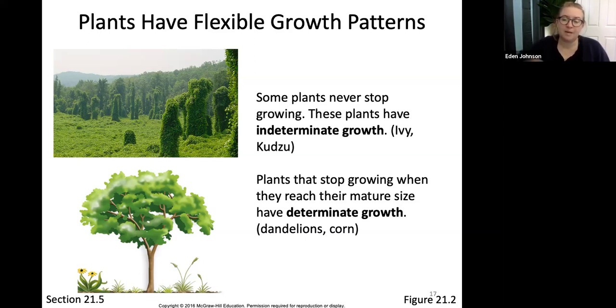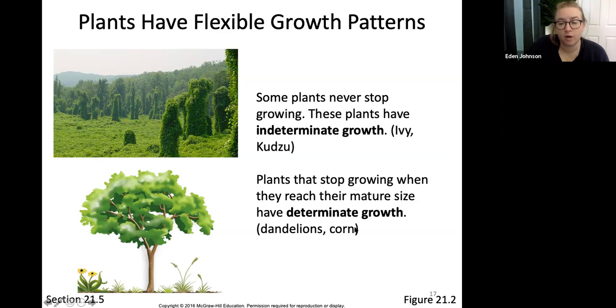And then you have plants with determinate growth, like dandelions, like corn, like trees. Think of an oak tree. Would it just grow forever? No, it would grow maybe new branches and things like that, but you're not growing from the top forever. Which is how kudzu and ivy are actually growing.